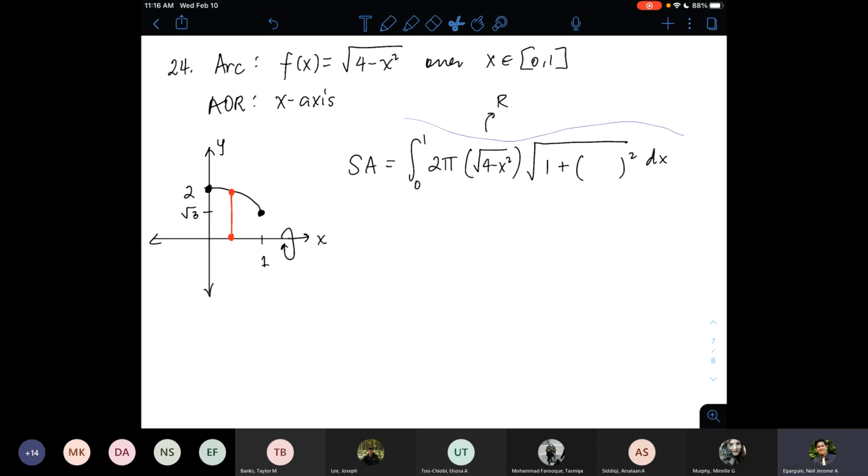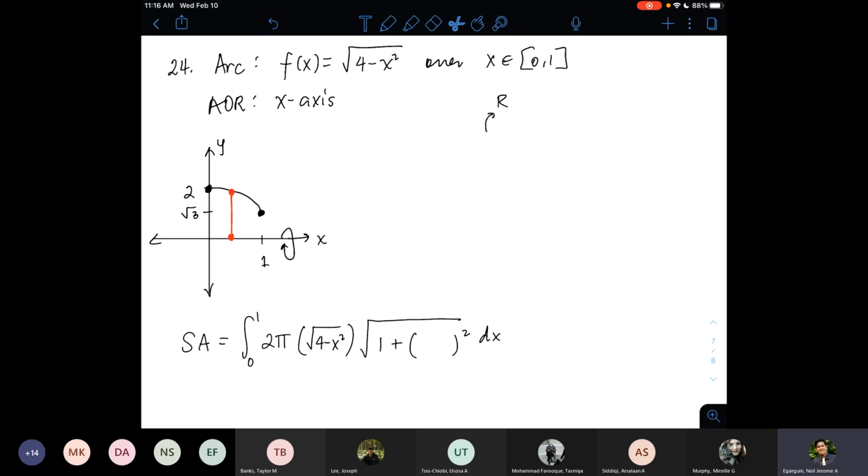Let me just put this over here, because I forgot that we need space for computing the derivative, since for the arc length we need the derivative squared. If we look at this function, the derivative would be 1/2 times (4 minus x squared) to the negative 1/2 times negative 2x. Let's simplify this before putting it inside the square root.